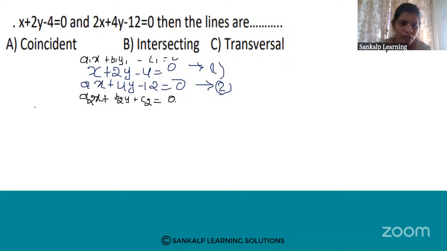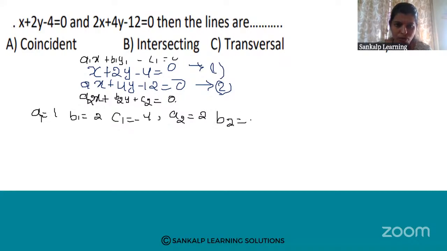So what is the value of a1? A1 is 1 and b1 is 2 and c1 is minus 4. Okay, a2 is 2 and b2 is 4 and c2 is minus 12. I am explaining slowly here, but in the examination you have to do it fast.